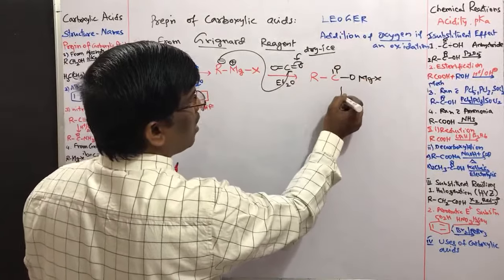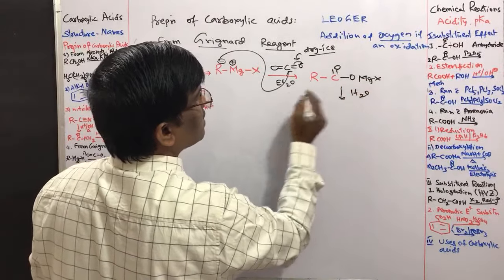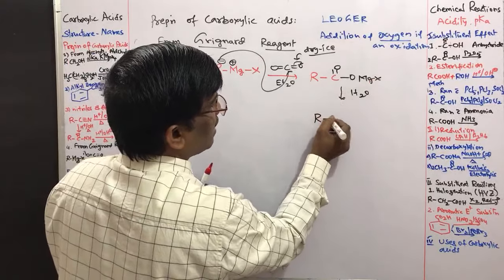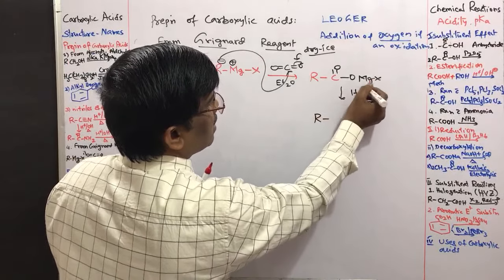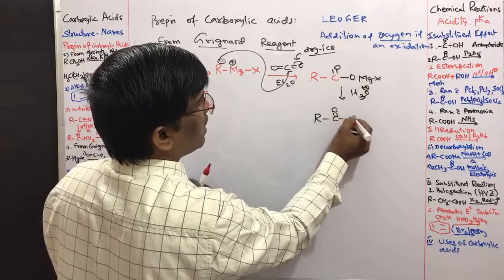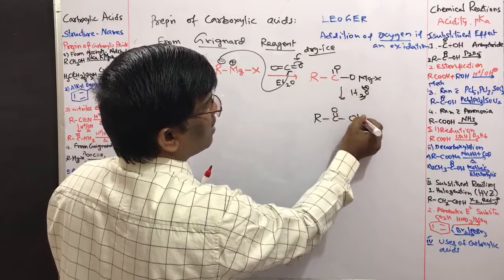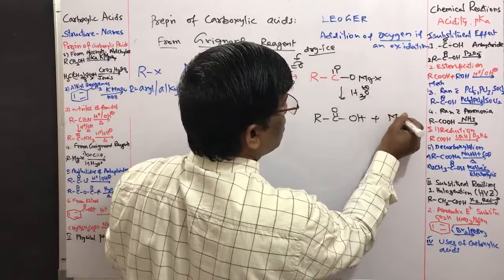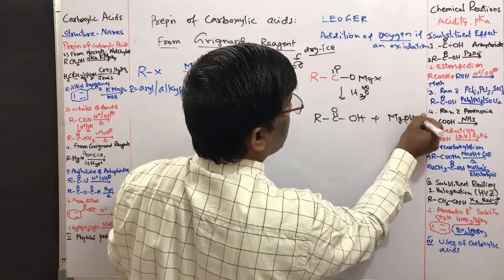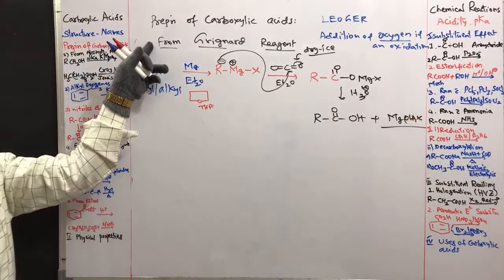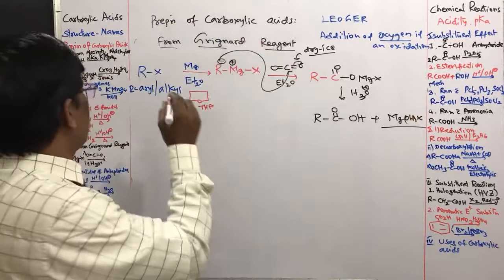Since I am getting this magnesium salt, I do the hydrolysis, usually acid hydrolysis or work up with H plus, and I get COOH, and here magnesium hydroxide halide, Mg(OH)X. So this, from Grignard reagents, is one of the methods for the preparation of carboxylic acids.